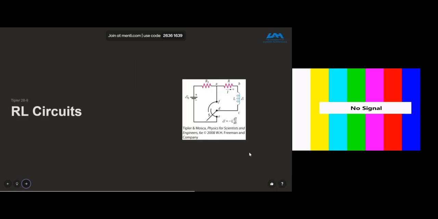All right, now the new stuff that I wanted to introduce, but I wanted to make sure that we had a better foundation on what we were just talking about, is the idea of RL circuits. RL circuits being resistor-inductor circuits, where you have a resistor and an inductor in the same system.